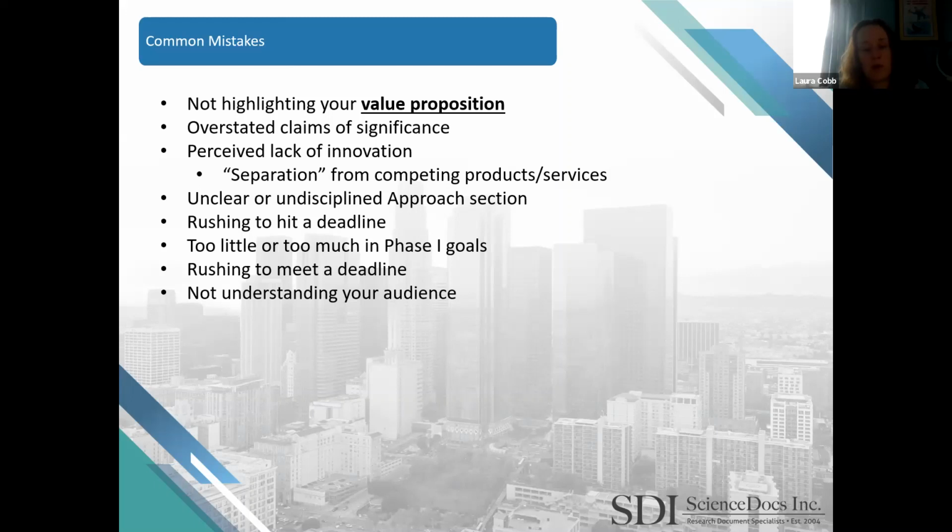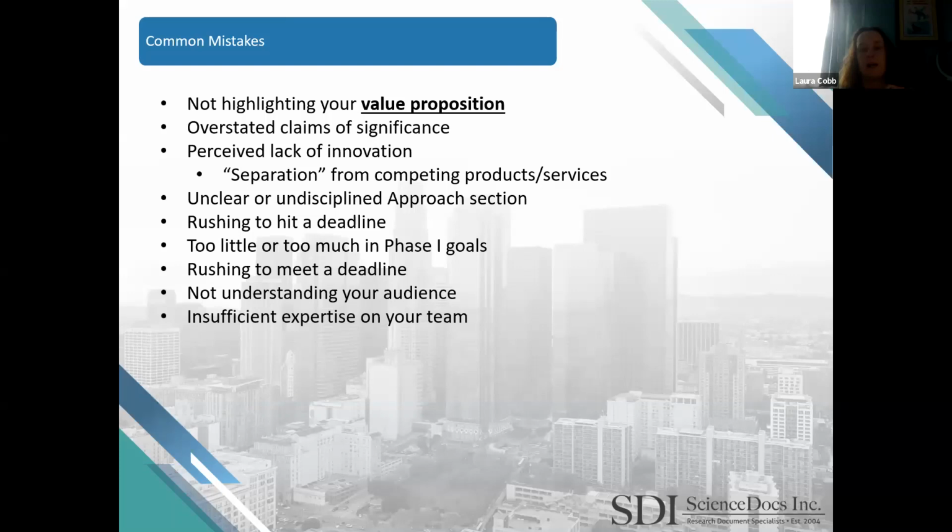So if you're, say, developing a machine learning technique, if your proposal is going to experts in that type of technology, they're going to have a very different understanding from what they would if it was, say, going to an oncology panel who maybe know a little bit about machine learning, but not the ins and outs of it. So you need to have a clear understanding of where it's going so that you include enough information for them to understand, but that you're not dumbing it down if they are experts in that area. So that's really important.